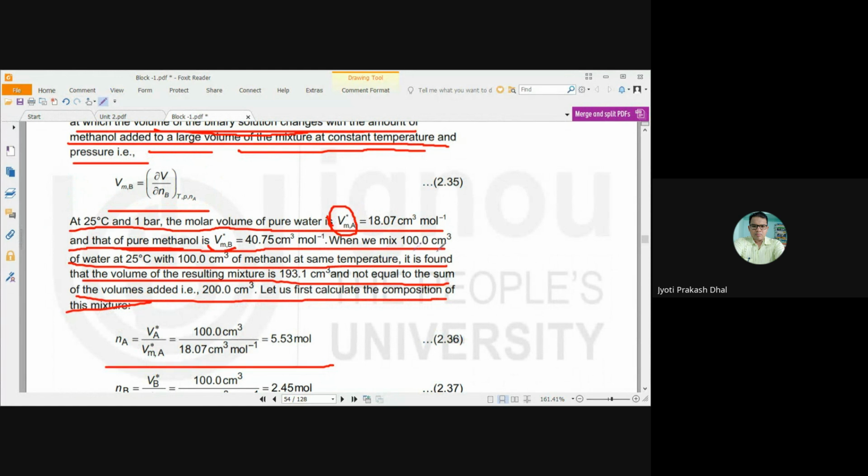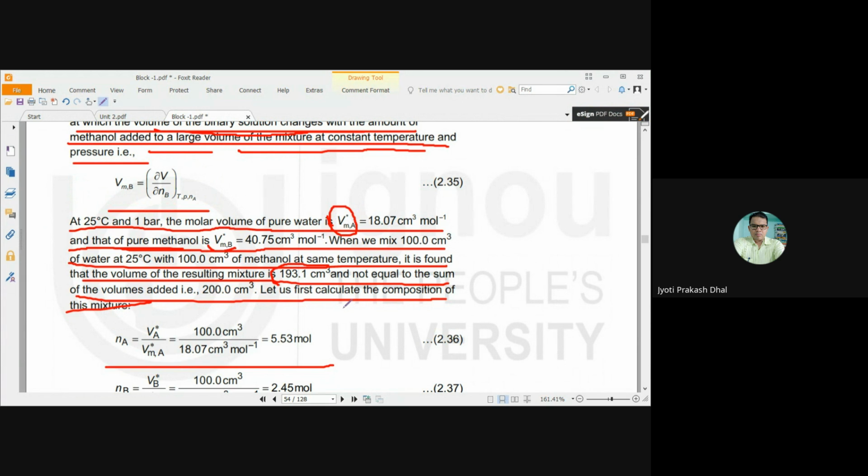When we mix 100 ml of water at 25 degrees Celsius with 100 ml of methanol at the same temperature, it is found that the volume of the resulting mixture will not become 200. The volume of the resulting mixture will become 193.1 ml and not equal to 200.